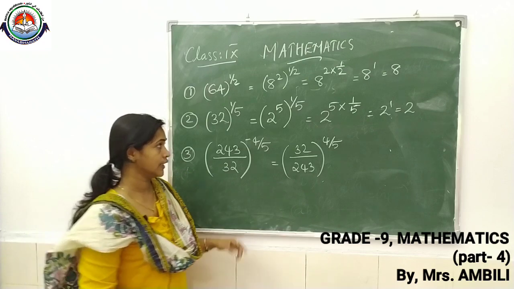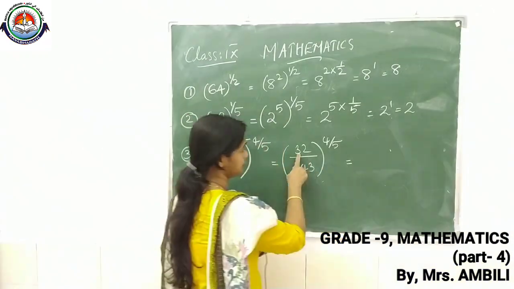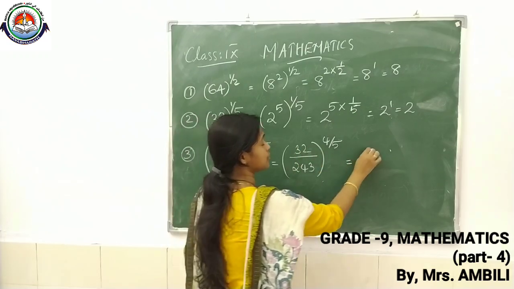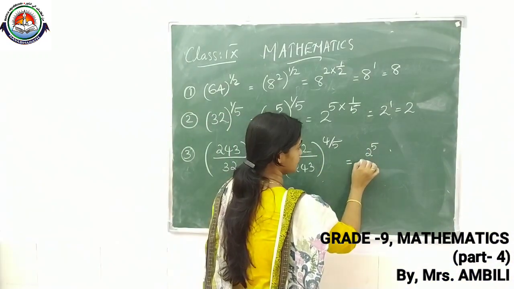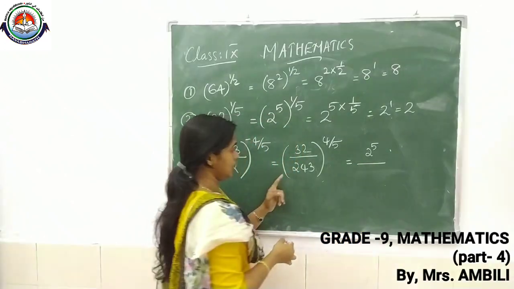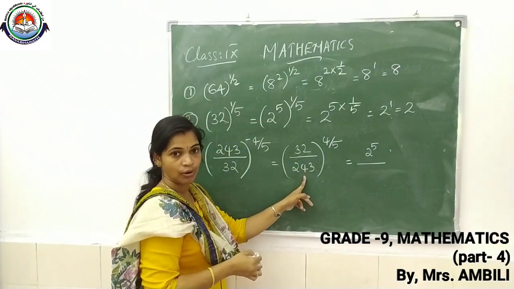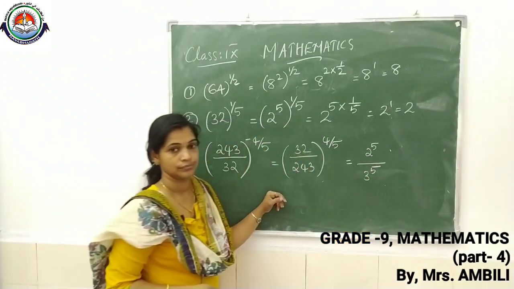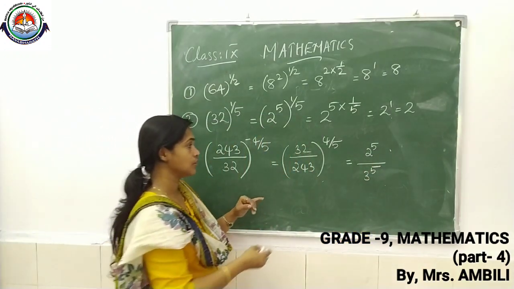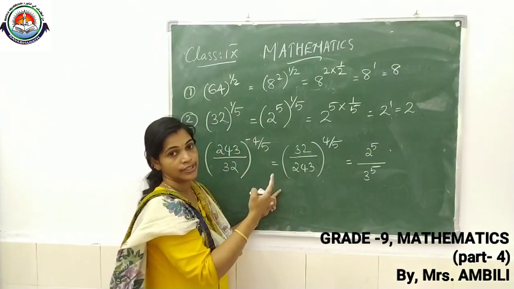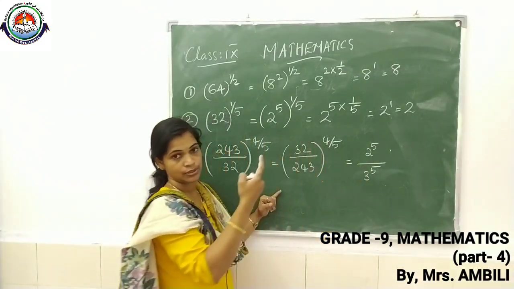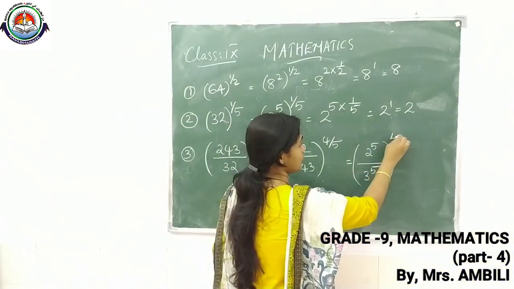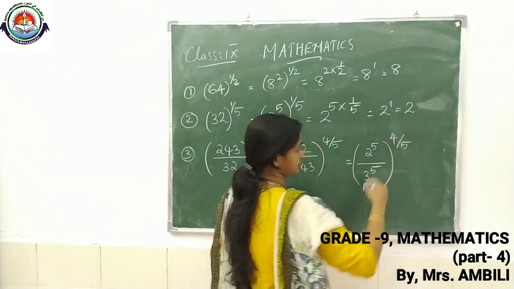Now how can we change 32 again? 32 we can write as 2 raised to 5, divided by 243, and 243 we can write as 3 raised to 5. So 32 by 243 is 2 raised to 5 by 3 raised to 5, all raised to 4 by 5.